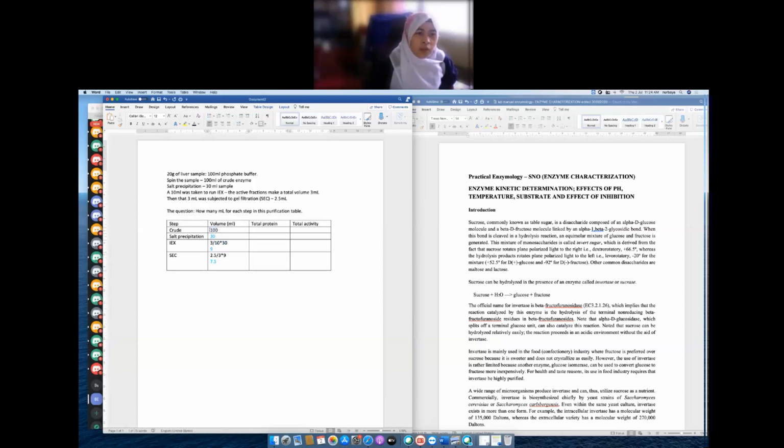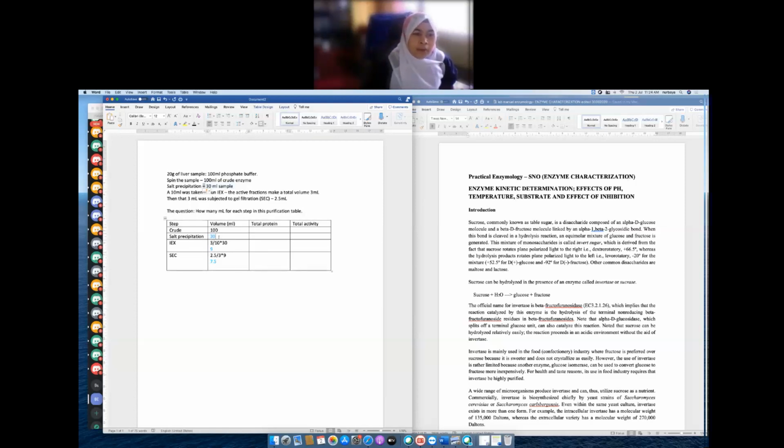Because we have 100 mil crude. Immediately, all this 100 mil is subjected to salt precipitation, and then we got 30 mil. That's why 100 mil goes directly to 30 mil.